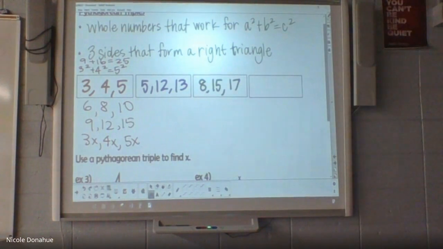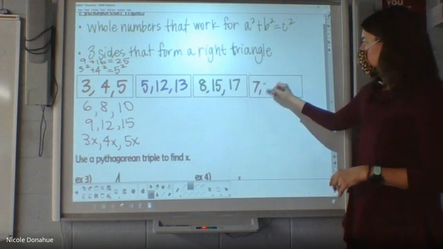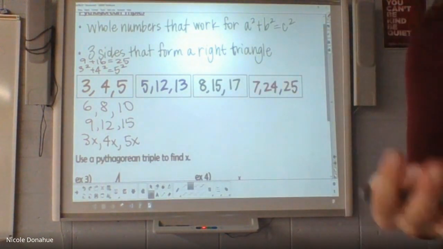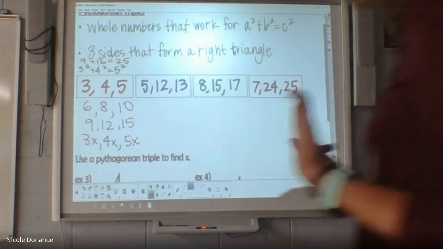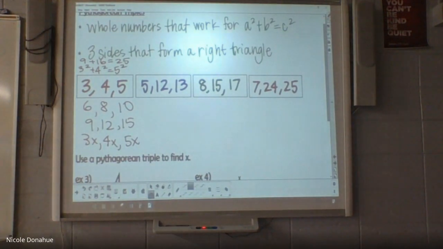And then the other one that we'll list, but there are other ones out there, is 7, 24, 25. So this isn't an exhaustive list, which means it doesn't include all of them, but these are some of the ones that come up more often. If you can notice these, it might save you some time and help avoid mistakes.